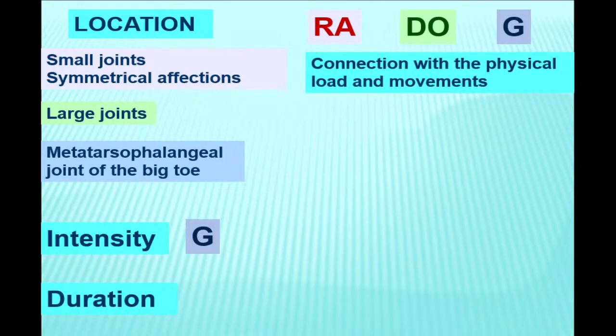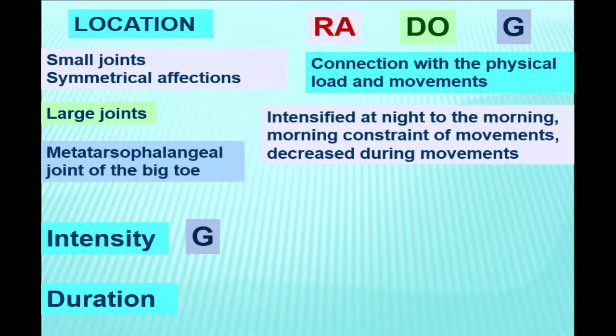Duration of the pain and its connection with physical exercise and movement is significant information for diagnosis. For example, a patient with rheumatoid arthritis will tell you that pain intensifies in the morning.